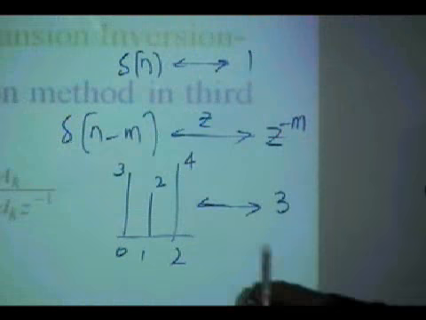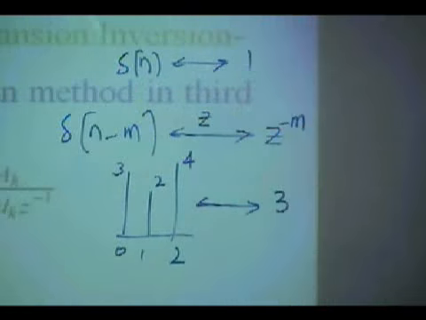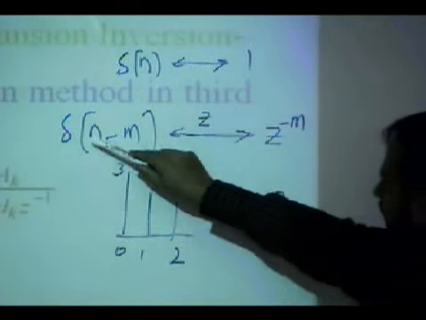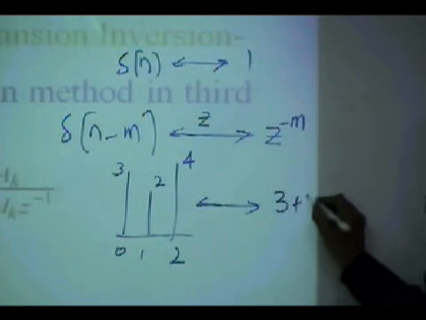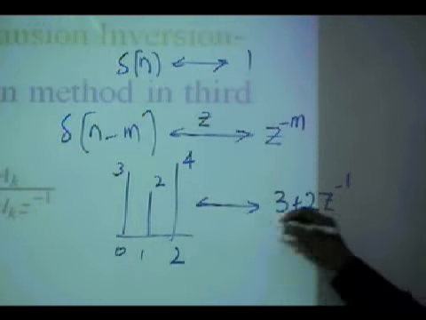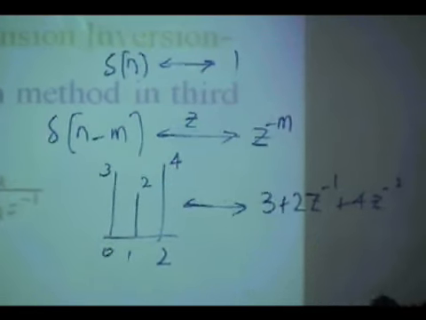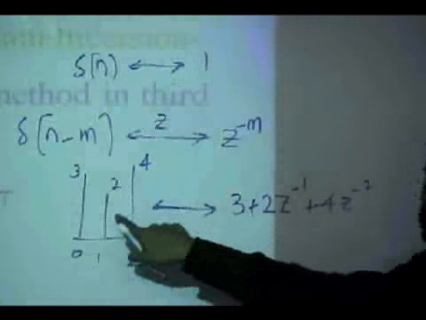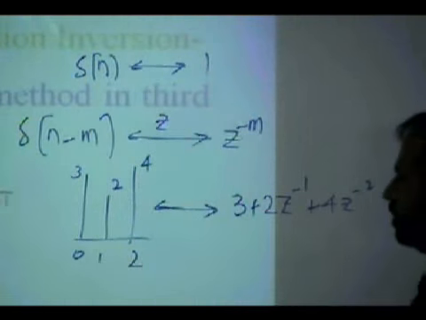So 3 delta of n gives 3. The z transform of delta n minus 1 is z inverse, so you have plus 2 z inverse, and plus 4 z to the minus 2. So if you are given this, you can compute this, right? So this is how you go in reverse direction.